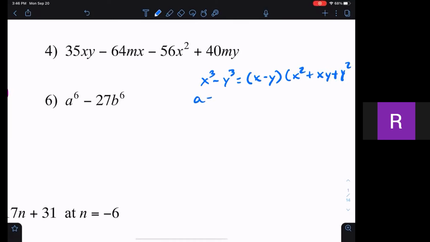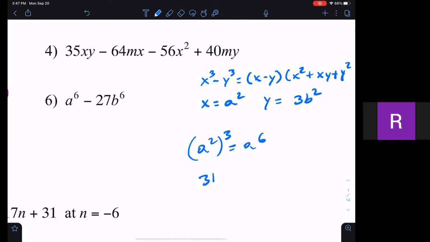So let x equal a squared, right? Because if you cube that, you will get a to the 6, and y should be 3b squared, because 3b squared to the third power equals 27b to the 6.